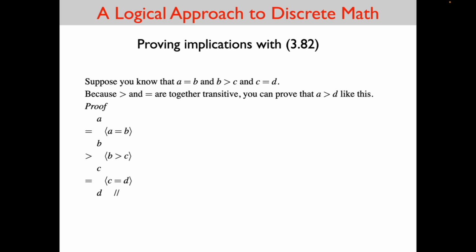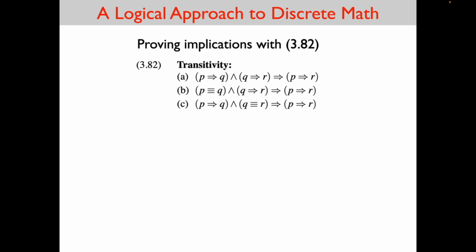For example, if we know that A equals B and B is greater than C and C equals D and D is greater than E and E equals F, then we know that A is greater than F. You see, we can string them together because greater than and equals are together transitive. All right, so you could have greater than in more than one place.